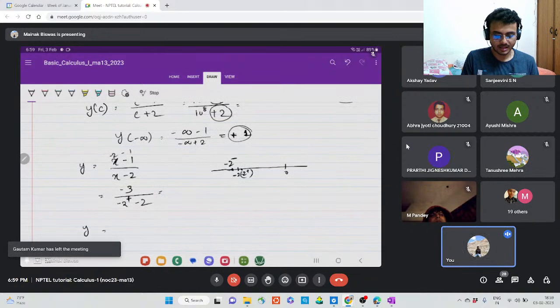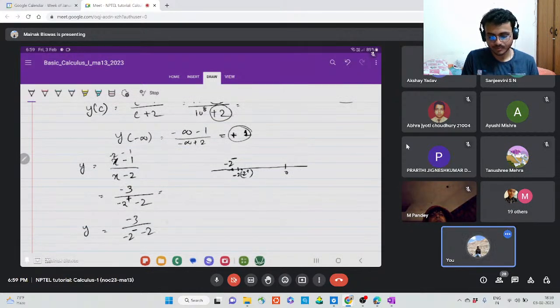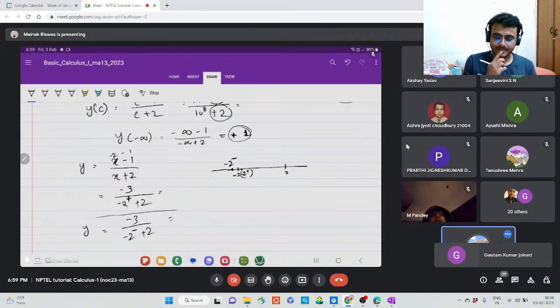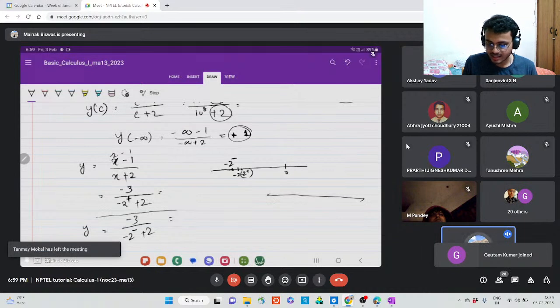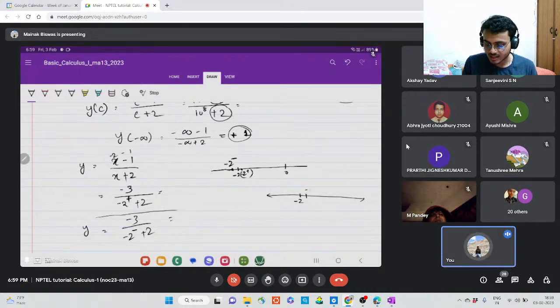What is the denominator in the first case and the second case? Is it the same? I'll draw this number line again. This is minus 2, this is minus 2 plus. No, sir, it's not the same. Correct. I'll come to why it's not the same.